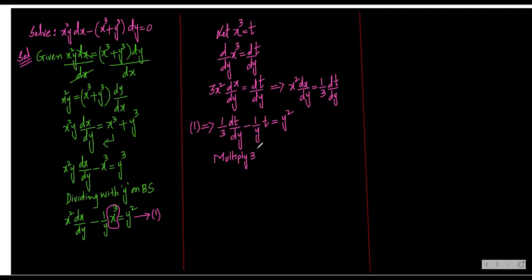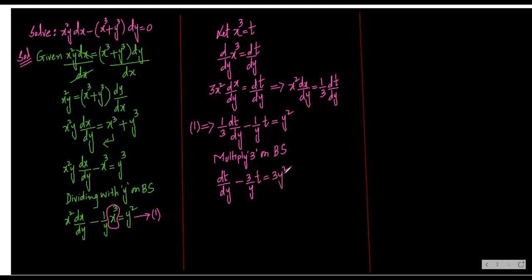I will send this recording in your groups so that you can listen to the recording once again and get the idea. d by dt of y, if you multiply with 3, this 3 will come here, minus 3 by y into t is equal to 3y square.